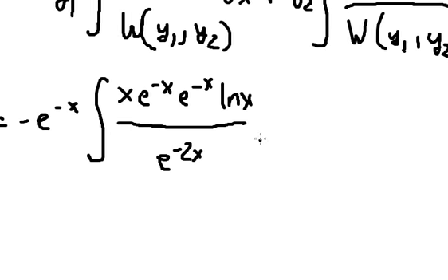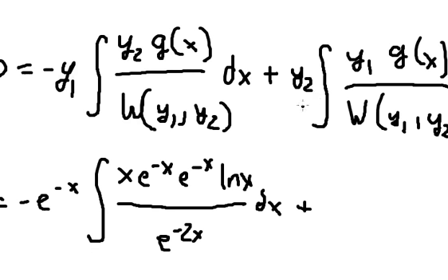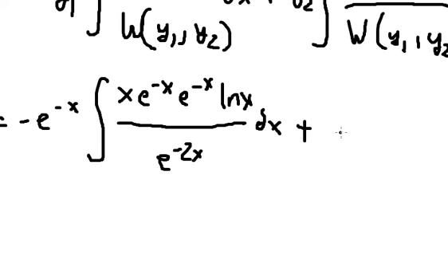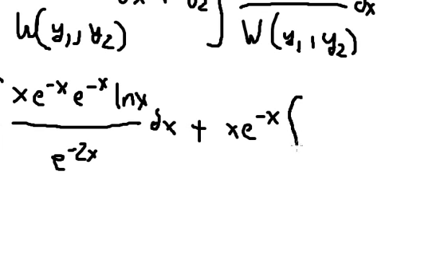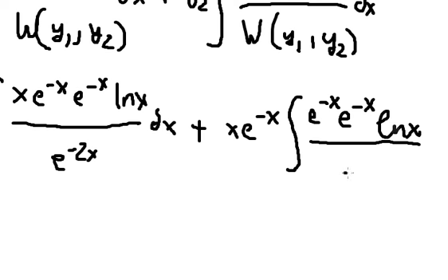Now the second one we do the same. This one y number 2 we have s e to the power of negative s, and we have the integration of e to the power of negative s, e to the power of negative s, f and s over e to the power of negative 2s.